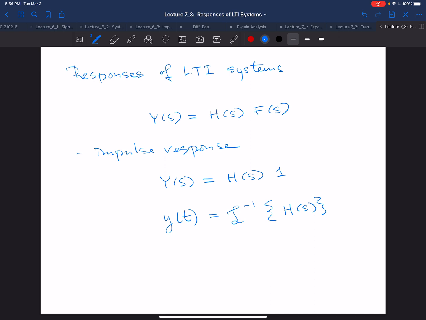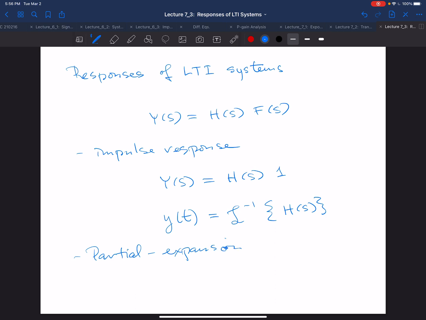Now, how do we usually go about inverting Laplace transforms? We're going to be dealing with systems whose transfer functions generally just take the form of rational functions. So we will be doing this inversion the usual way using partial fractions decomposition or partial fractions expansion.